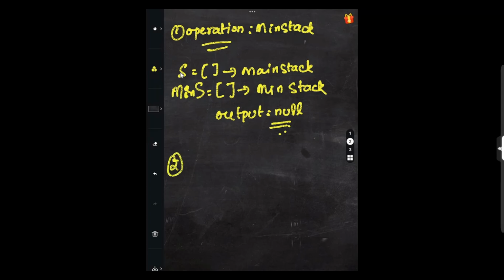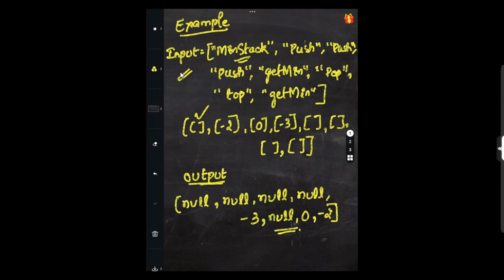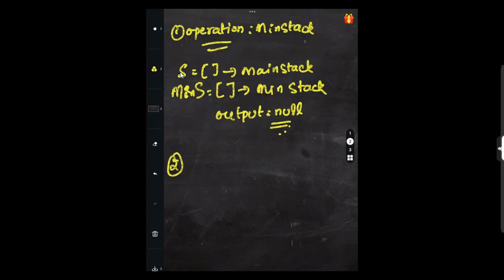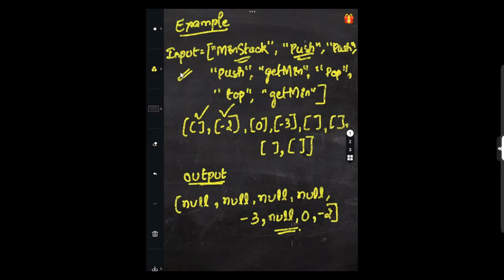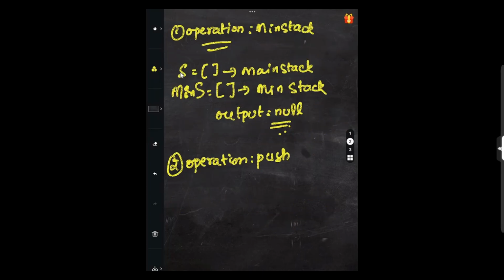So let's come to the second thing here, push of -2. We are considering the operation push of the number -2 that they have given. So what we are doing here, we are adding -2 to the main stack.